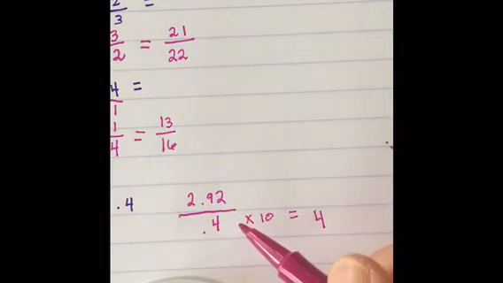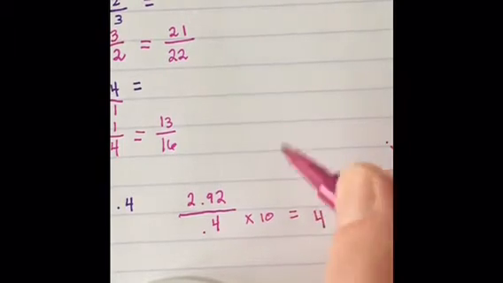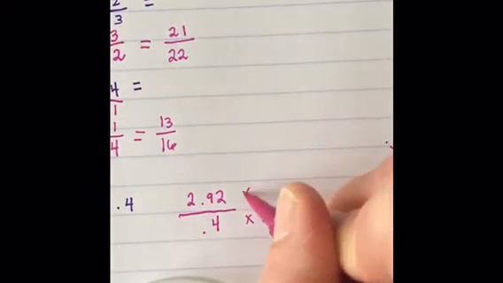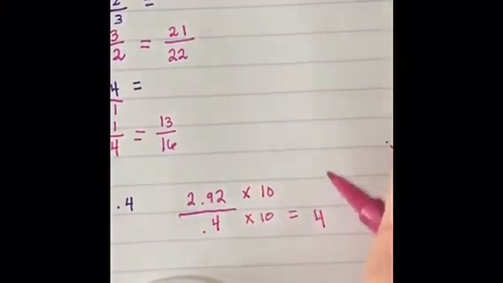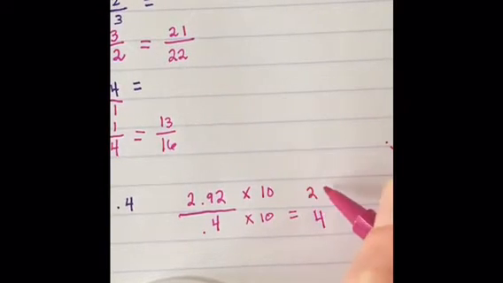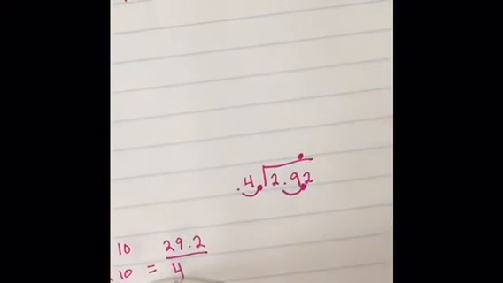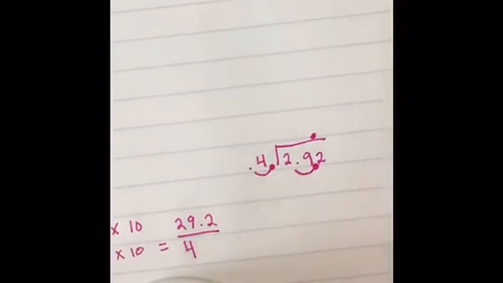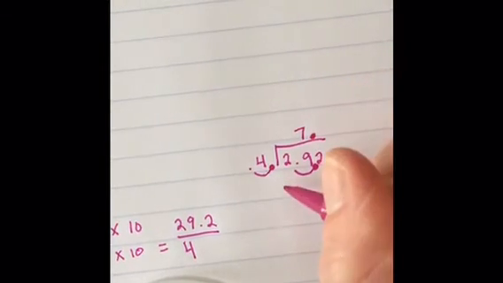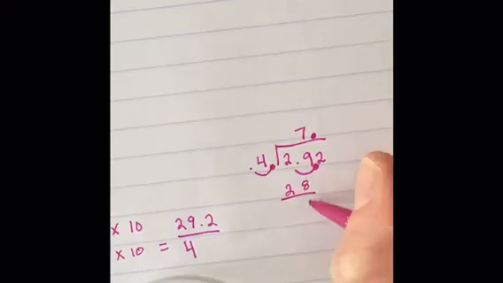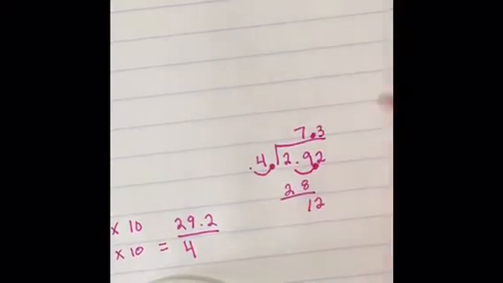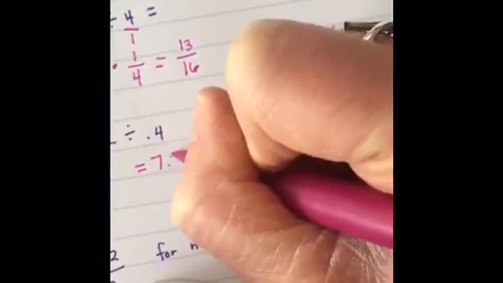And then, since whatever we did to the bottom, we must do to the top, so we multiply it by a 10, and that also means we move the decimal one place. And so now we have the same problem that we had up here when we just scooted those decimals around. So now we would simply do the math. 4 goes into 29 7 times, that's 28, bring down the 2, and that's 3. So the answer to number 2 equals 7.3.